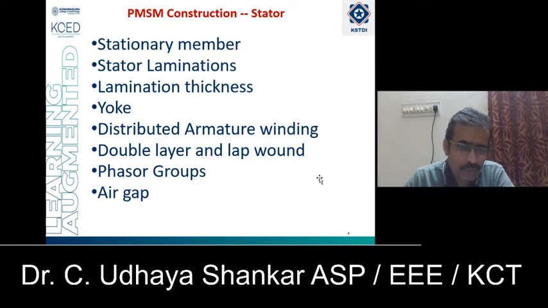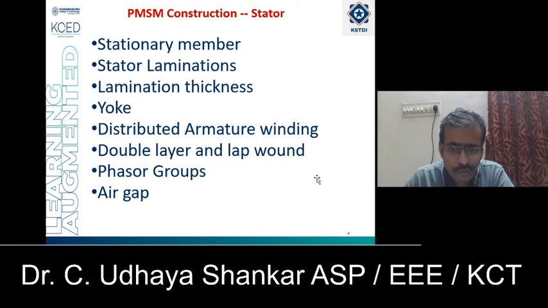A sinusoidal PMAC motor has a distributed armature winding in the stator. The armature windings are generally double layer and also of lap wound type. The individual coils are connected together to form the phase groups.